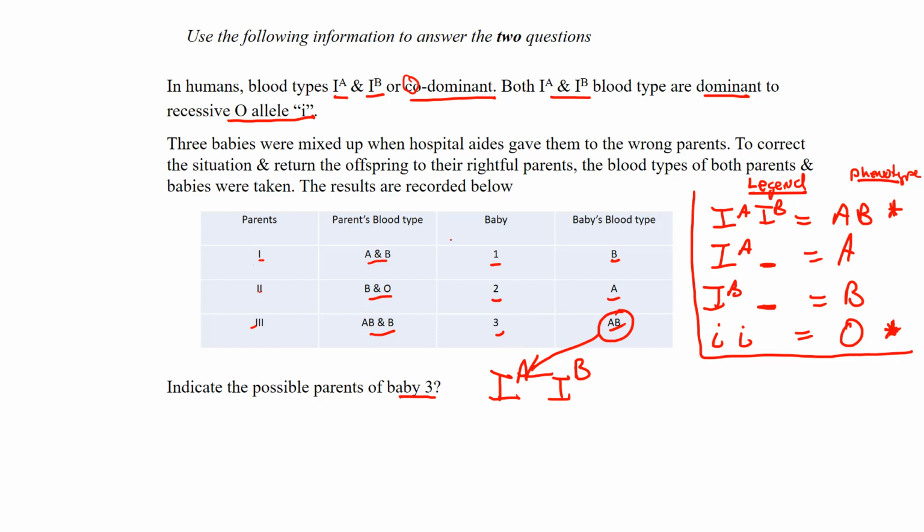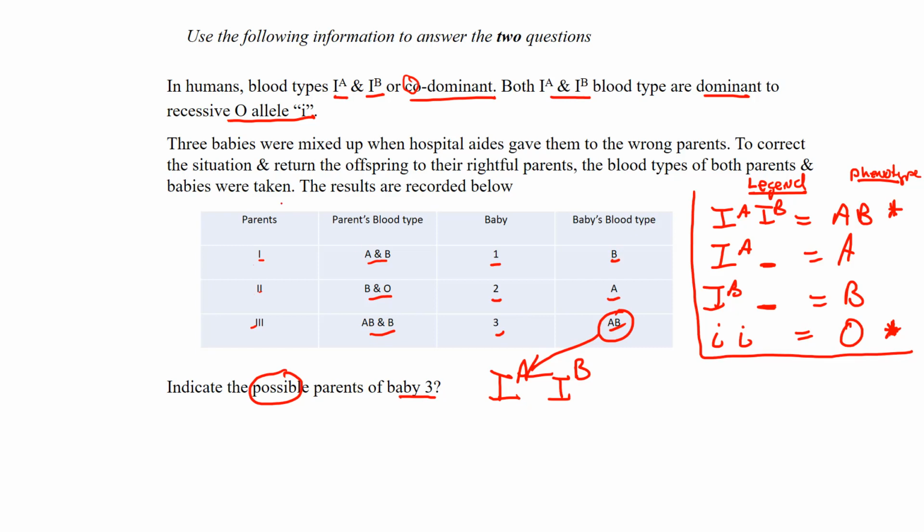Even though we don't know what the actual phenotypes of these parents are, we can make some predictions. We can see what the possible parents are based on that. Again, to have an AB baby, one parent must contribute the A, one parent must contribute the B.